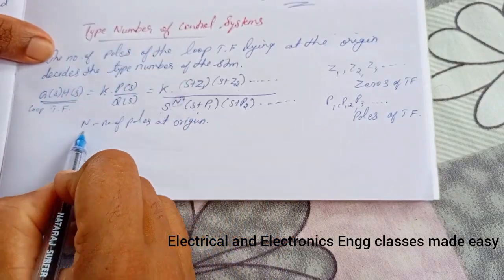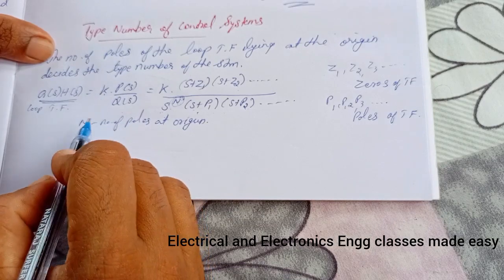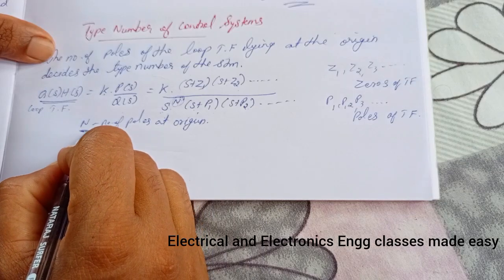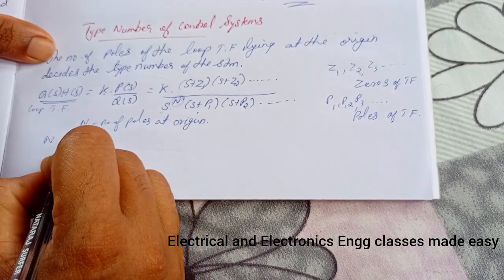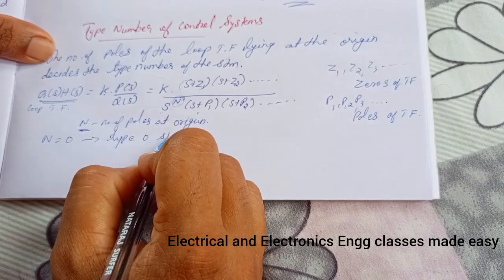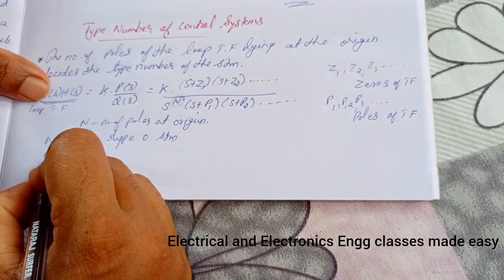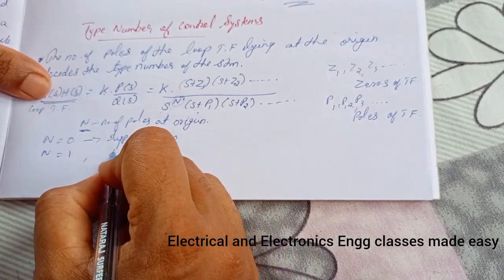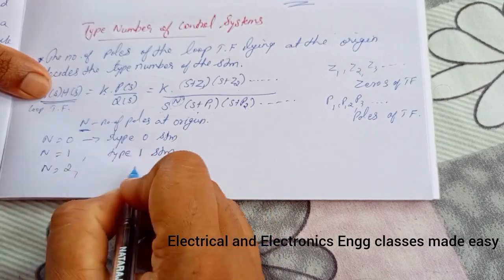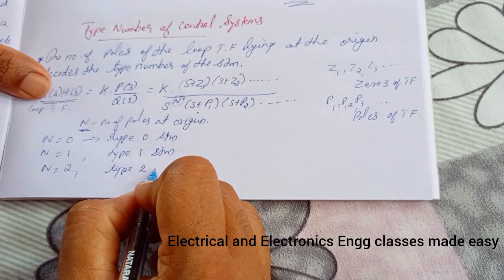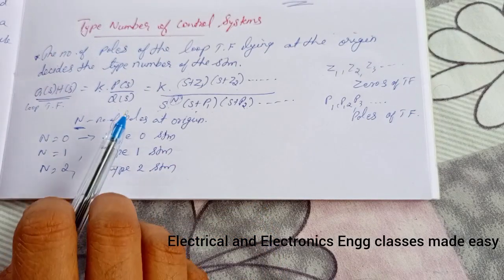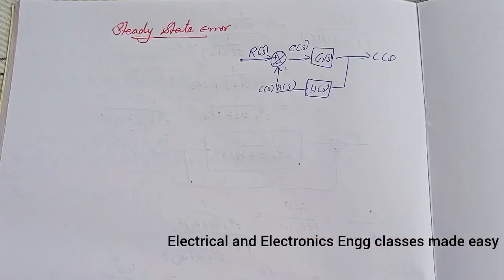This value of n in the denominator polynomial decides the type number of the system. If n is equal to 0, it is called a type 0 system; if n is equal to 1, the system is a type 1 system; if n equals 2, it is called a type 2 system, and so on. So this is about the type number of control system.